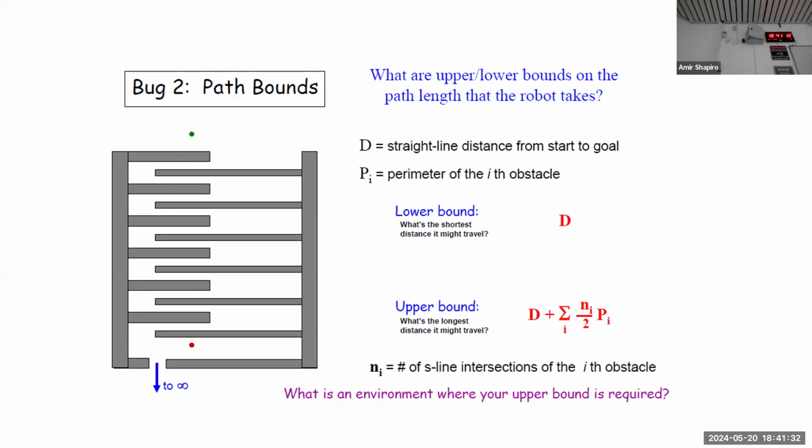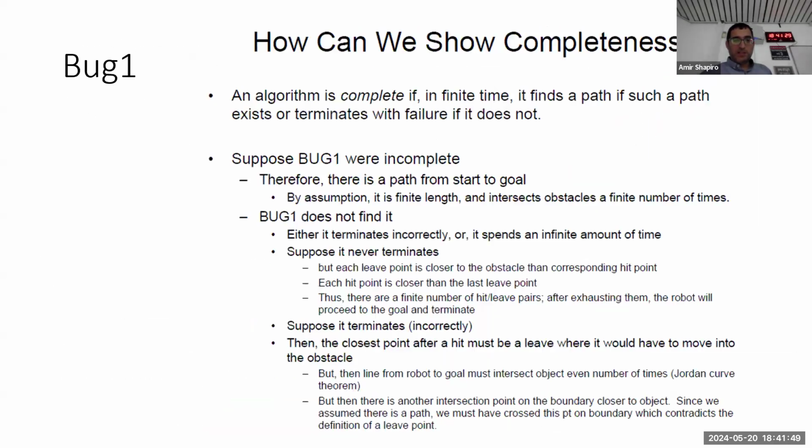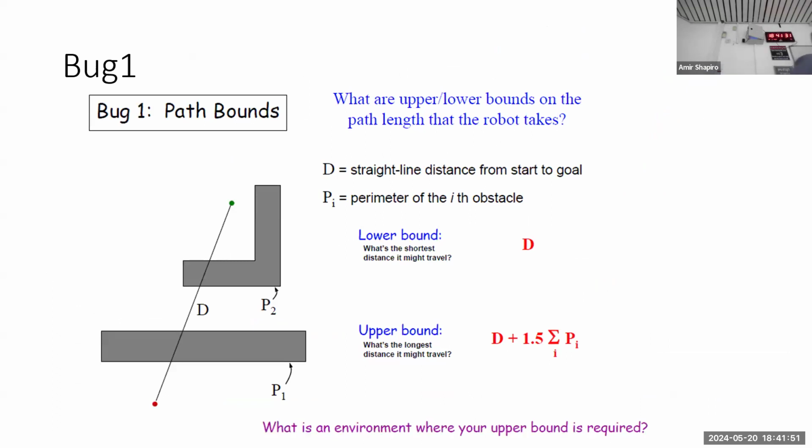So this n may be large, because in bug one there was no n. You remember there was 1.5 times pi.